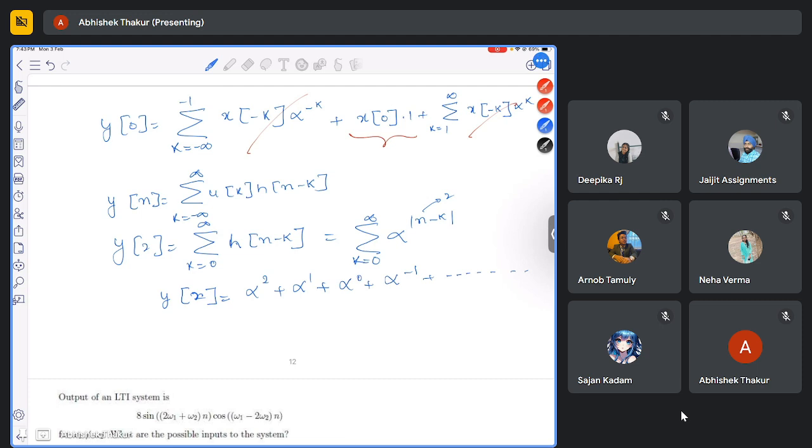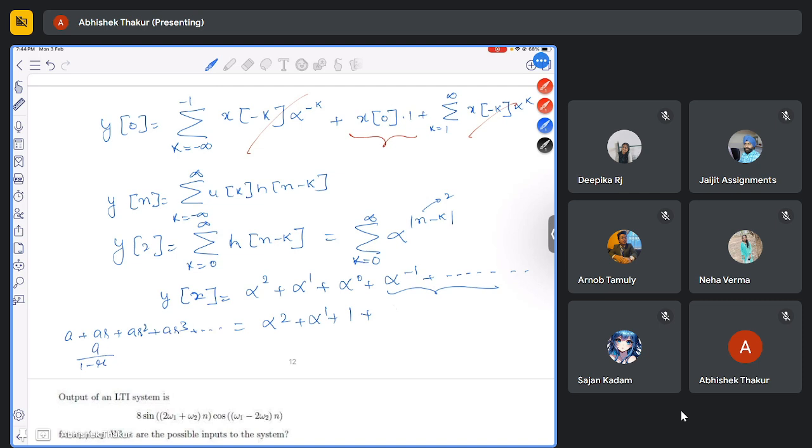So we can write alpha square plus alpha plus 1, and this term is a geometric series. Here we can write a plus ar plus ar square; if such a series is there, what is the sum? a by 1 minus r.